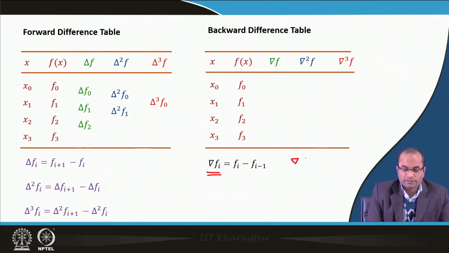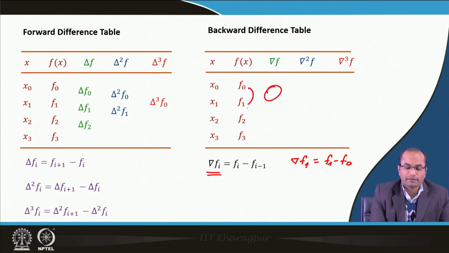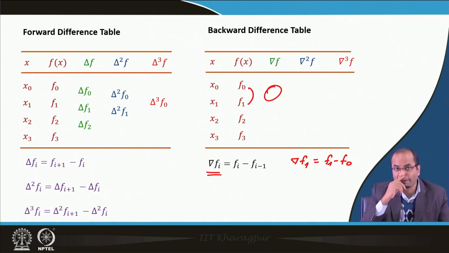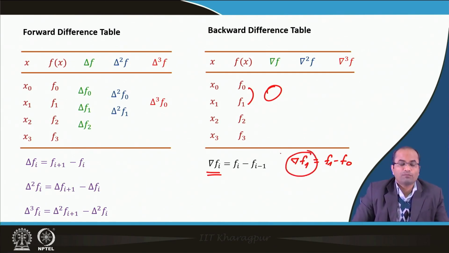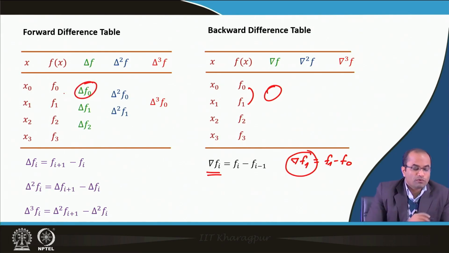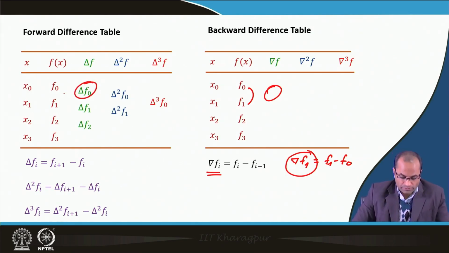For instance, now here I am talking about backward delta f 1. So, what will be backward delta f 1? f 1 minus f 0. That means the value which we get by subtracting f 0 from f 1 will now be backward delta f 1, though here it was forward delta f 0. So, that is the only difference.